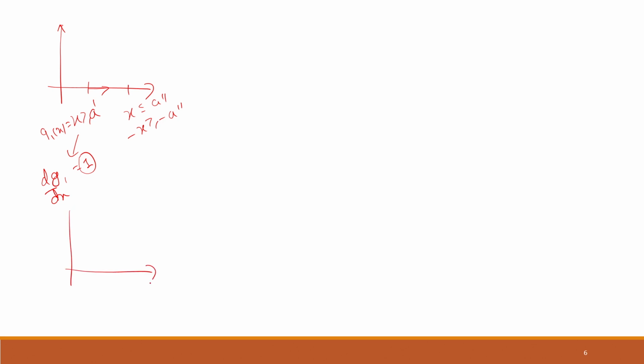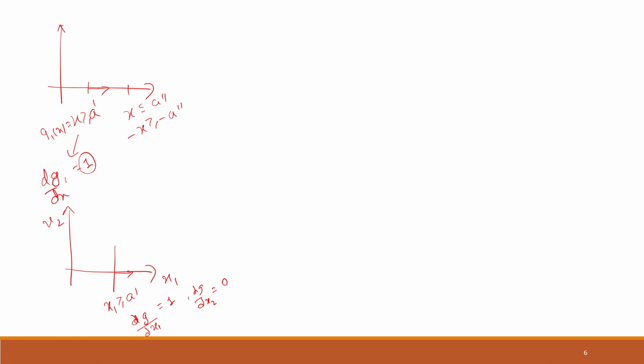Now when we go to the multi-dimension case, suppose this is x1 and this is x2. If there is a particular constraint saying that x1 has to be greater than or equal to a', then the partial derivative of g with respect to x1 will be equal to 1, and the partial derivative of g with respect to x2 will be equal to 0. So the direction of the gradient will be in this direction.